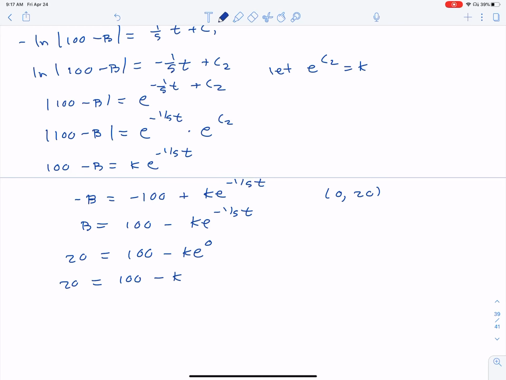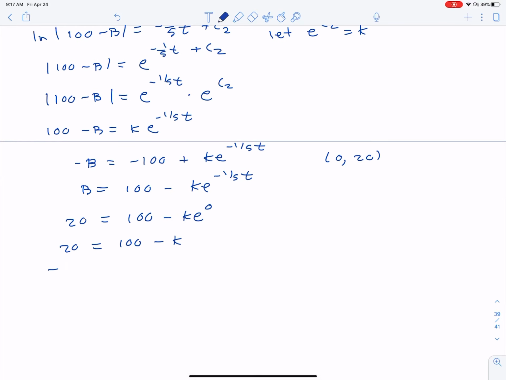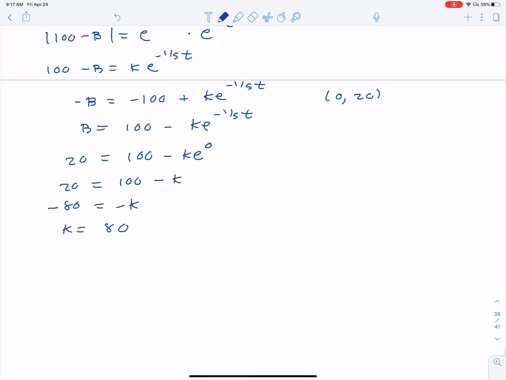So I get negative 80 equals negative k, which means k equals 80. So my final equation is b equals 100 minus 80 e to the negative 1/5 t.